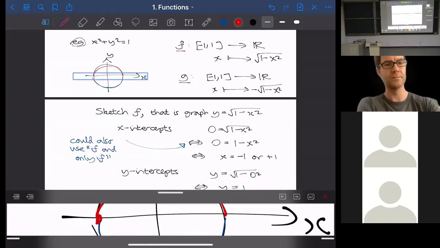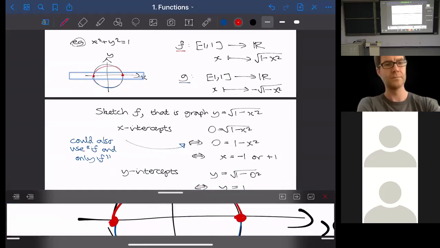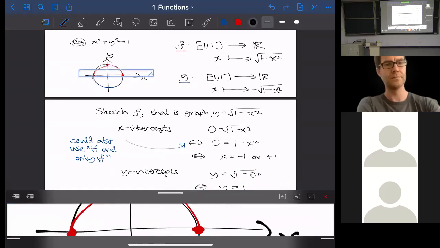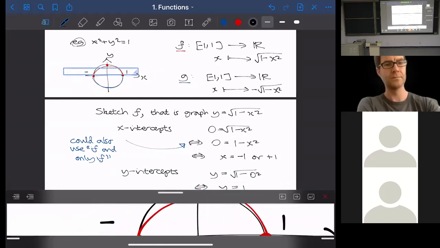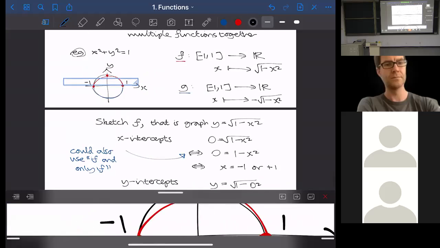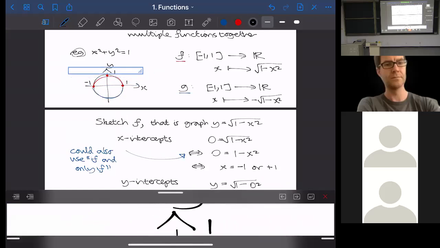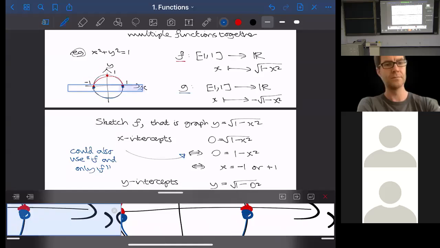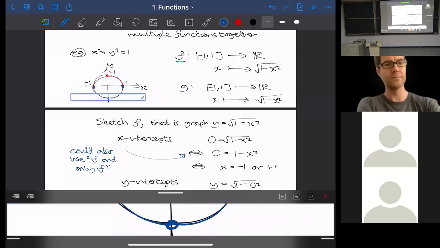So we see that the graph of f must go through these points. And in the same way, we see that the graph of g must go through these points.